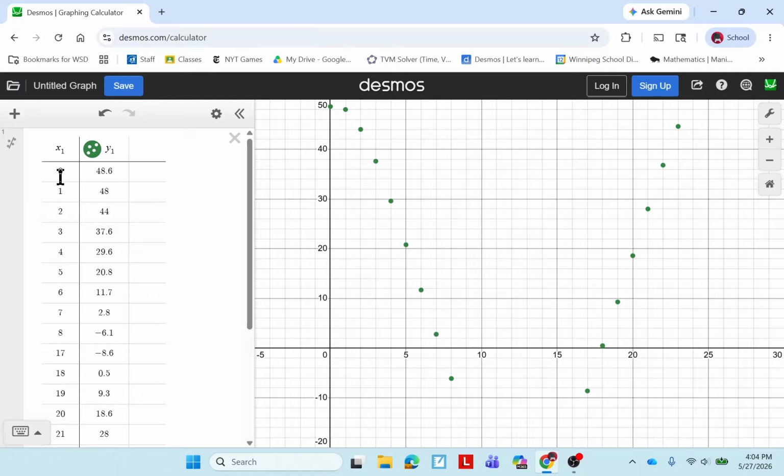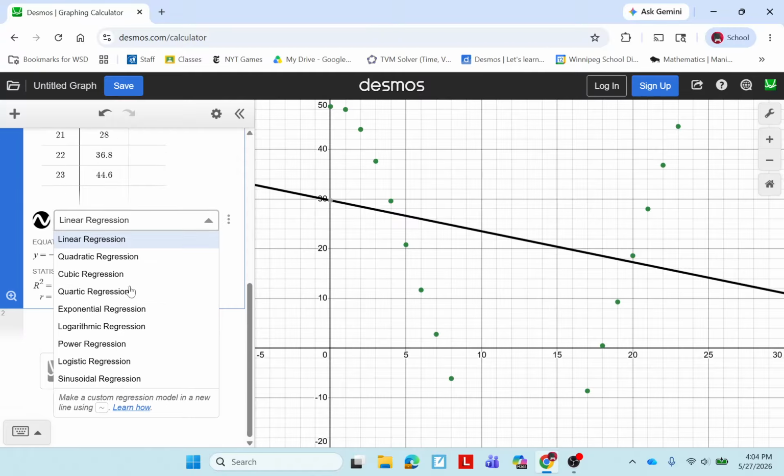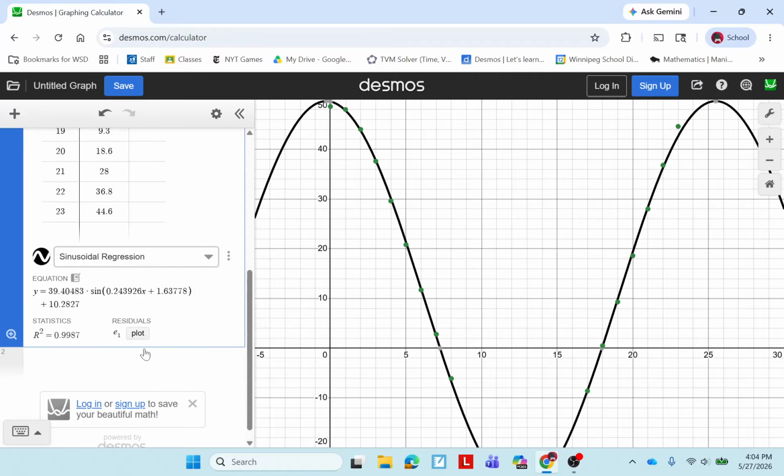Now we're going to look for the sinusoidal regression equation, so we're going to click this little branch leaf looking thing. We get that, and we're going to change in the drop-down menu to sinusoidal regression, and we get a graph that looks like that. Again, make sure that you write all of your a, b, c, and d values to 2 decimal places.